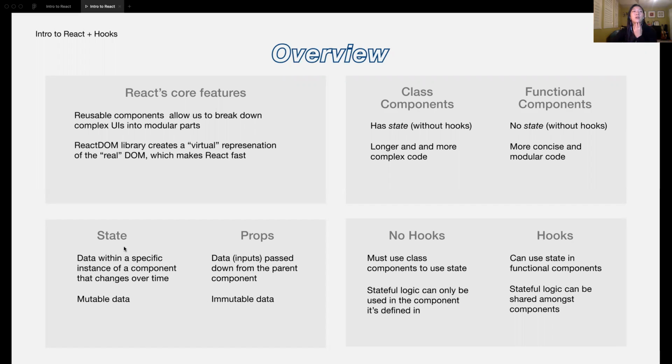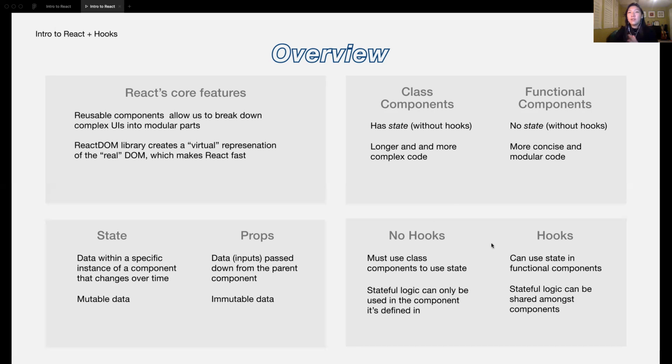All right, if we go down here to state and props, the difference is state is data within a specific instance of a component that changes over time. And it's mutable. That means it changes throughout the lifetime of this component. Props, on the other hand, is data or the inputs passed down from the parent component. Props are immutable because once you pass it down, you cannot change the props within that child.